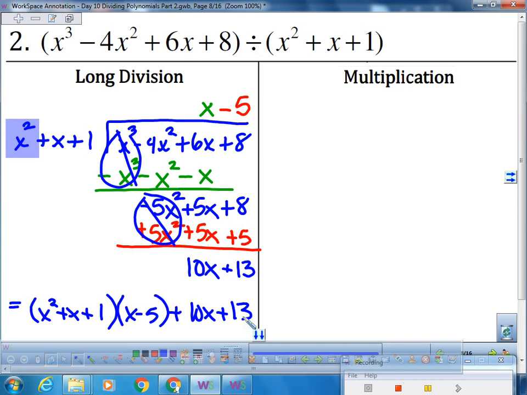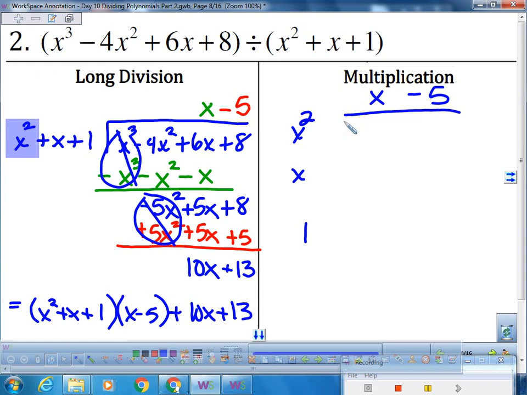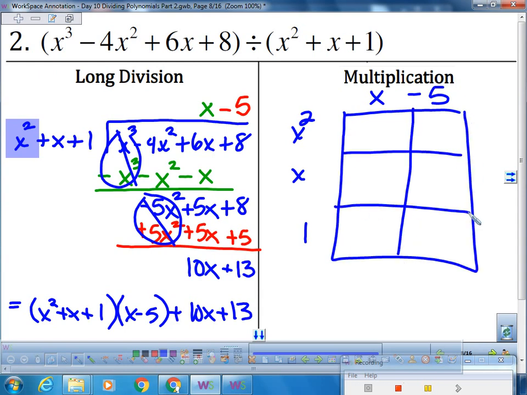Okay, so if I were to multiply this through like you have to do, I have a 3 by 2. So I have x squared and an x and a 1, and that's being multiplied by x minus 5. So x squared times x is x cubed, negative 5x squared, x squared, negative 5x, x, negative 5. So this is equal to x cubed.